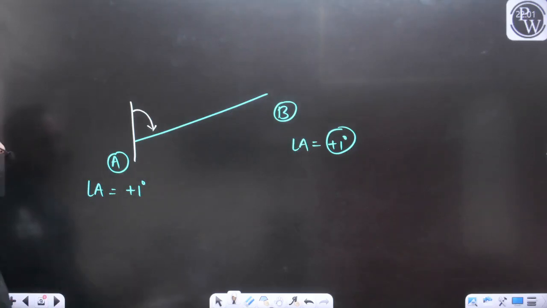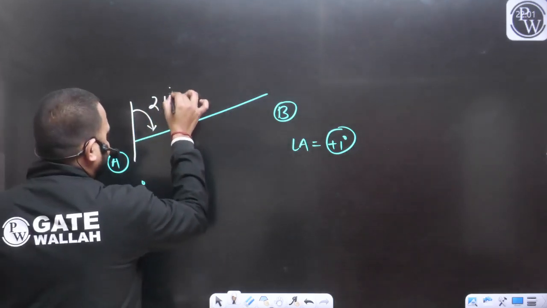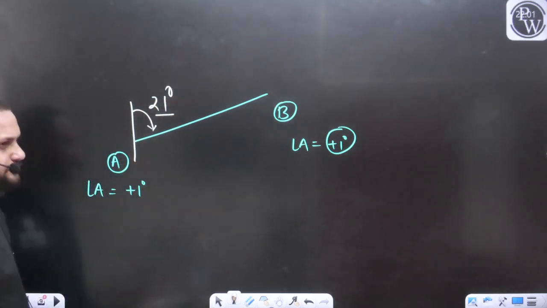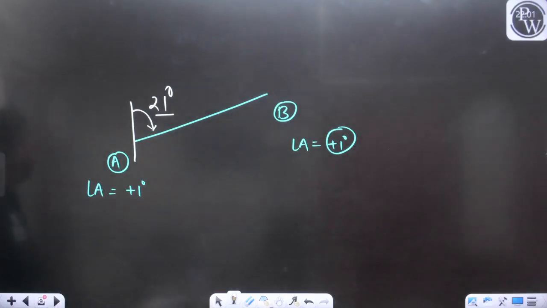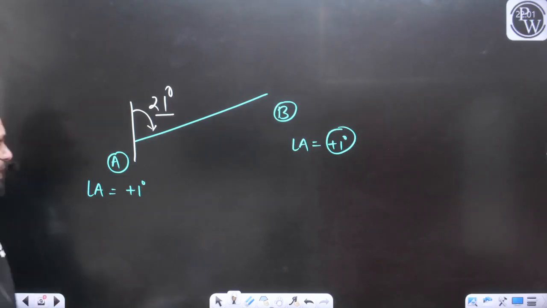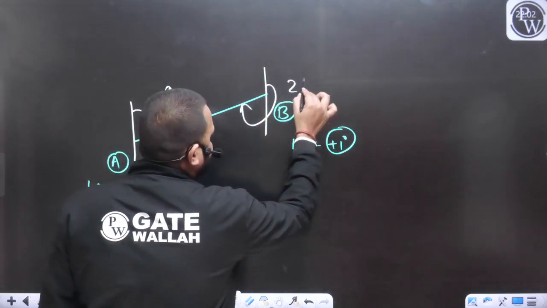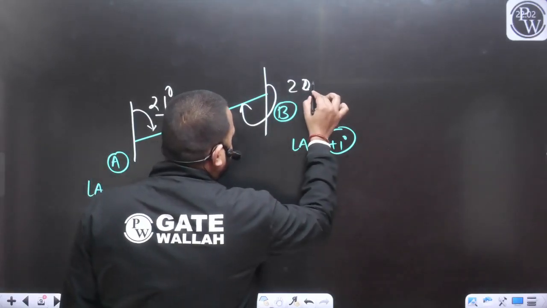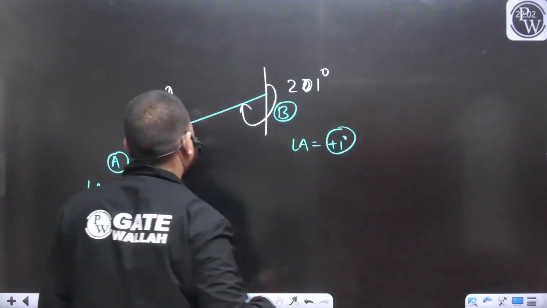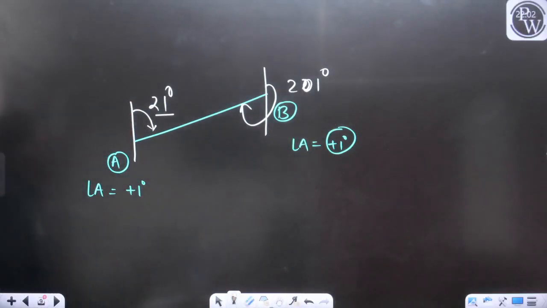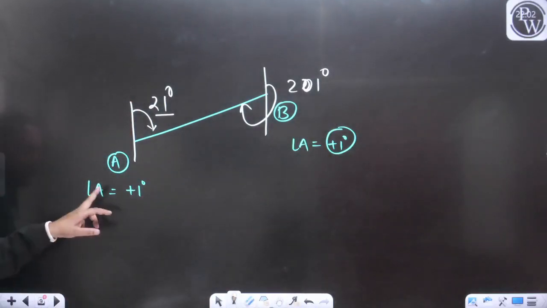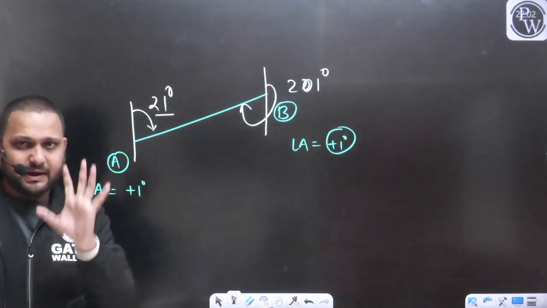So let's say, for example, we are getting this value as 21 degree. And the back bearing of this line, measured from station B, we are getting as 201 degree. Both stations are having the same error.